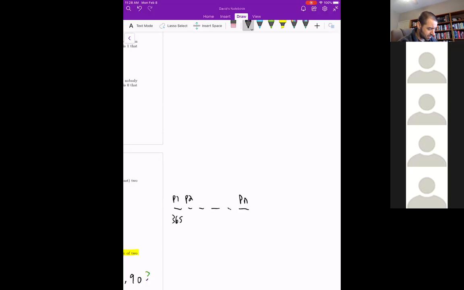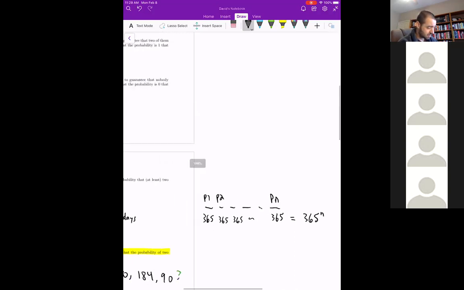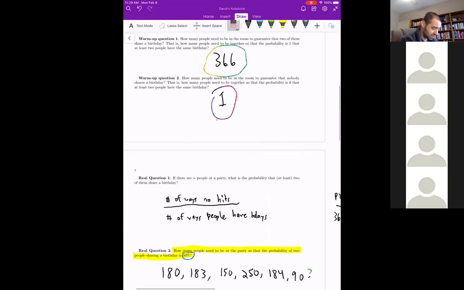And then person 2, how many options there? 365 again, right? You have complete freedom, so on, dot, dot, dot, 365. So in the end, the multiplication rule says there are 365 to the n power ways of handing out those birthdays. So let me come back here and replace that.